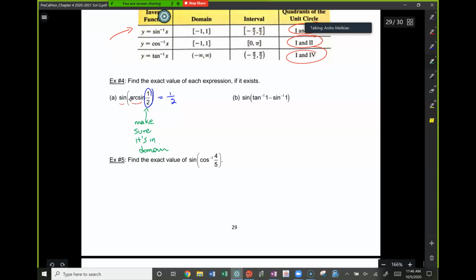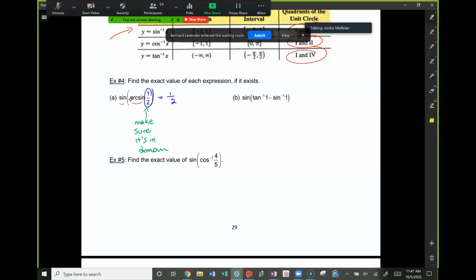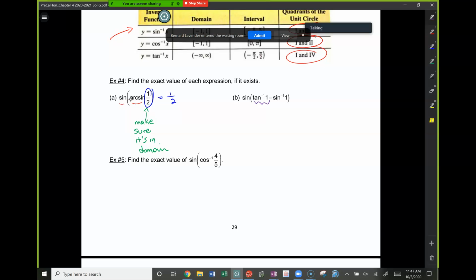Take a look at this one. Here we have a little PEMDAS action happening. So here I have inverse tangent of 1, right? I want to evaluate that first. Inverse tangent of 1, we just said before, was pi over 4. Here I have inverse sine of 1. And so for what angle is sine 1? That's pi over 2.